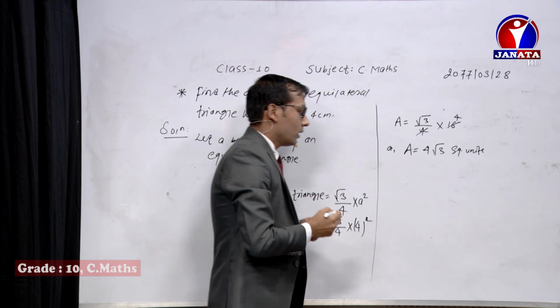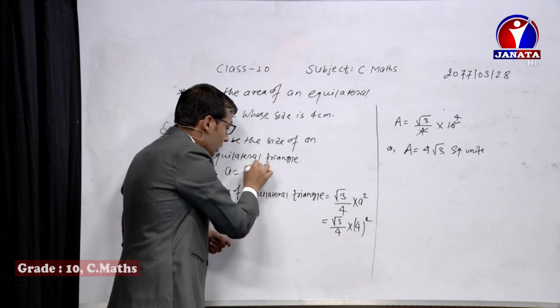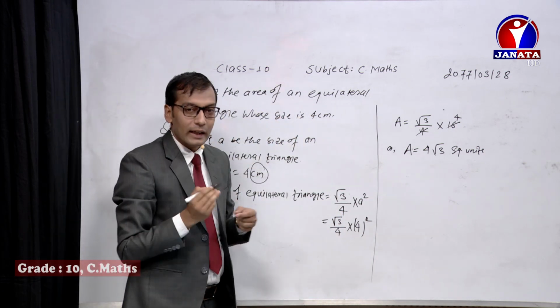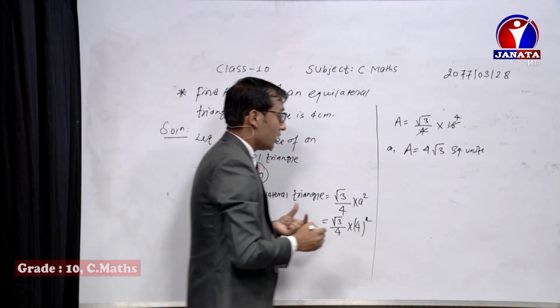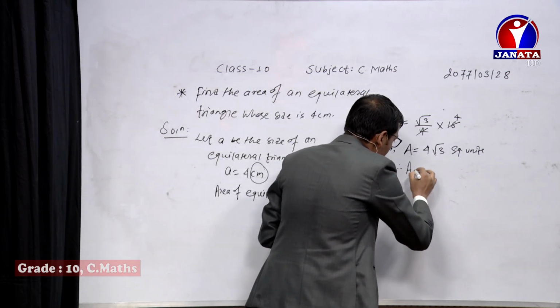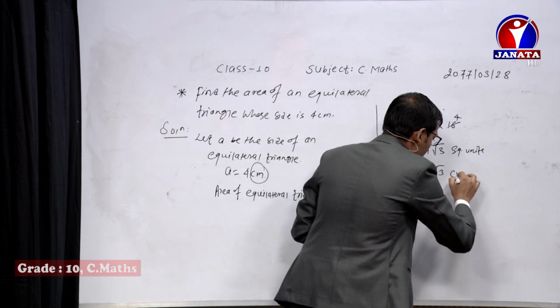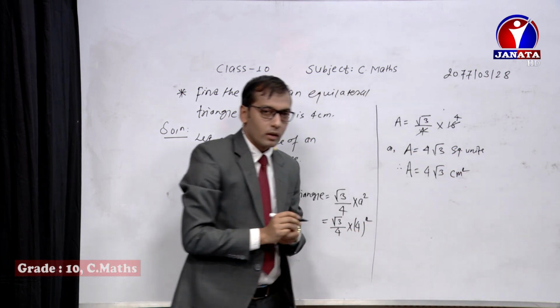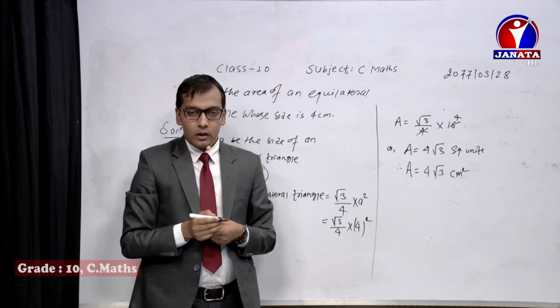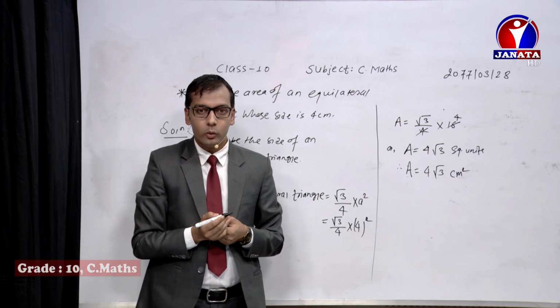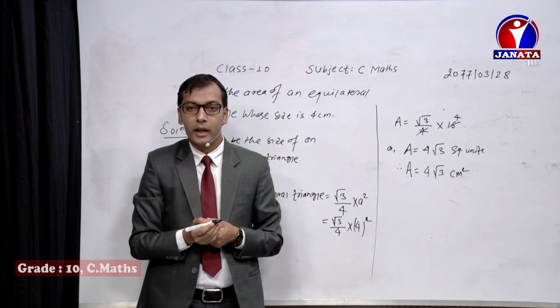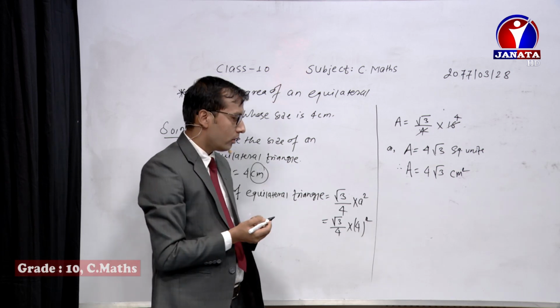So this is square units. So here what is the unit of length? It's centimeter. So therefore area is 4 times square root of 3 square centimeter. So this is the way how we find area of an equilateral triangle.